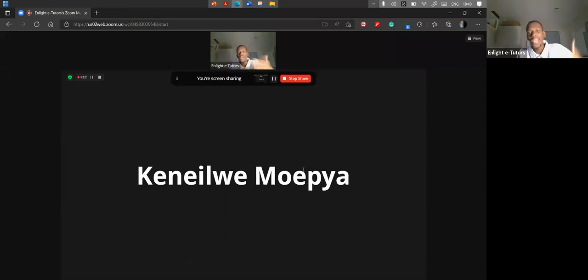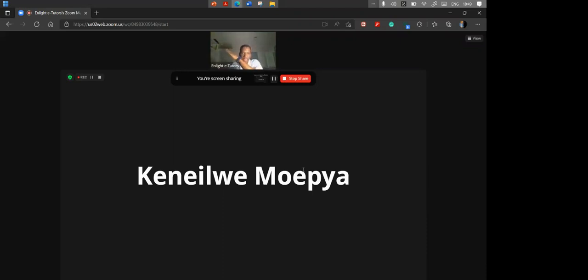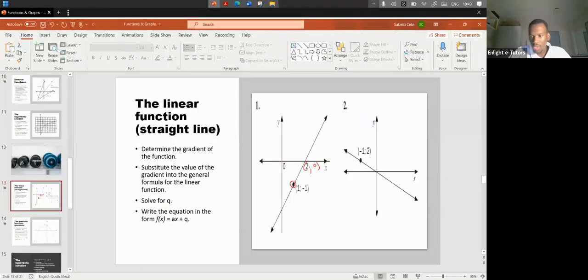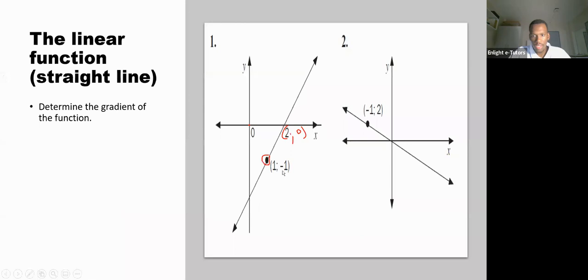When your gradient, or your A, is negative, you use your right hand facing this direction. If your A is positive, you use your left hand, which means your graph must face the direction of the left. You understand me? Exactly. I want you to understand that.